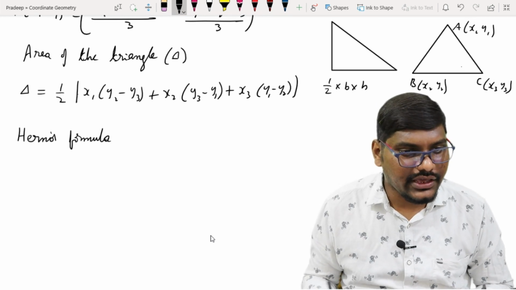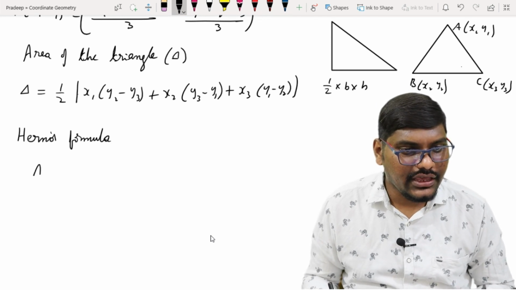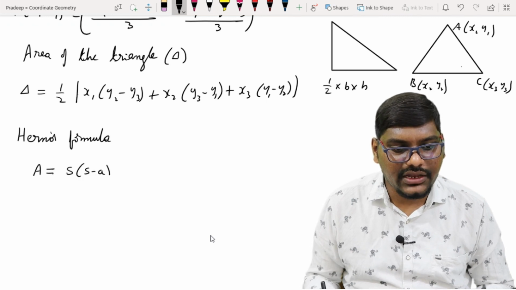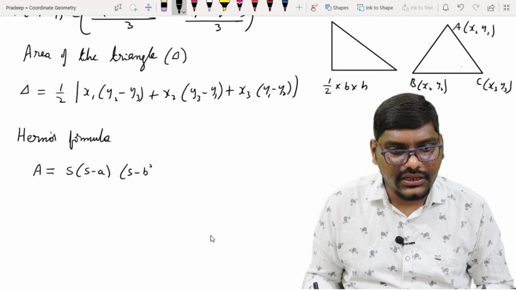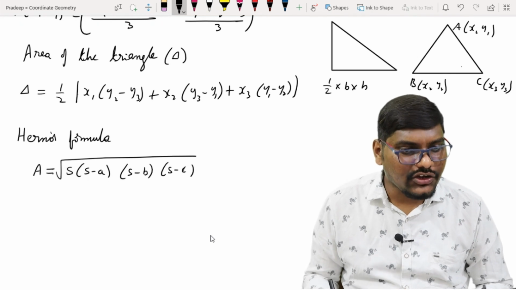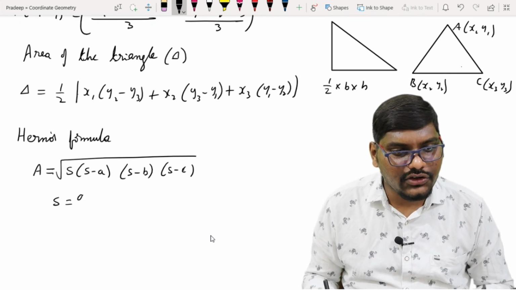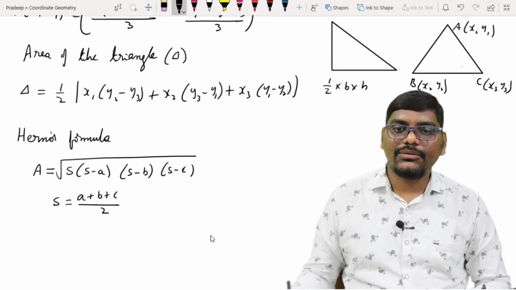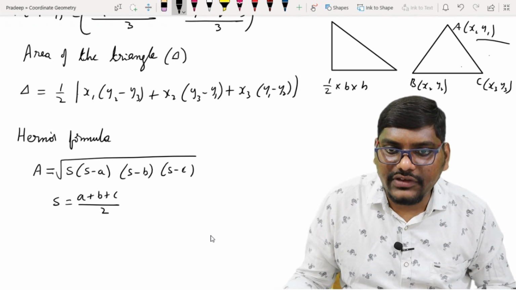For Heron's formula, the area is equal to the square root of s into (s minus a) into (s minus b) into (s minus c). Here s can be found using s equal to a plus b plus c by 2. Suppose this is a triangle where the coordinates are given.